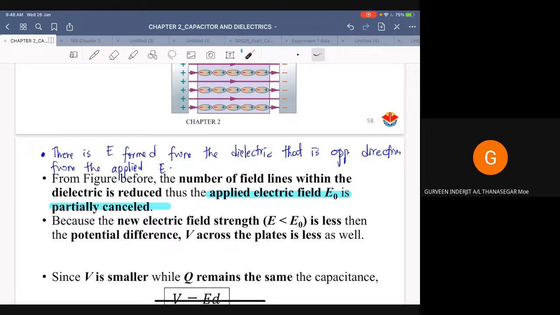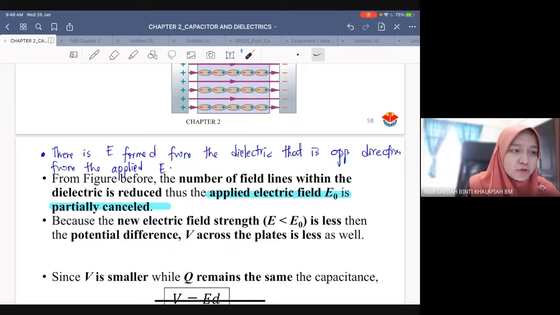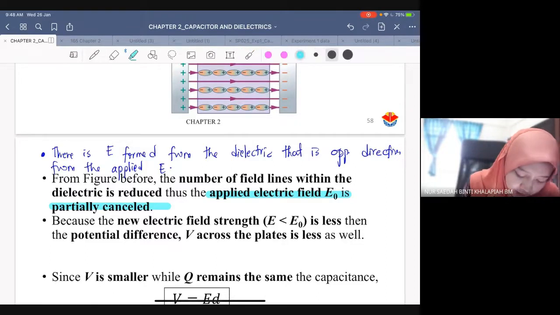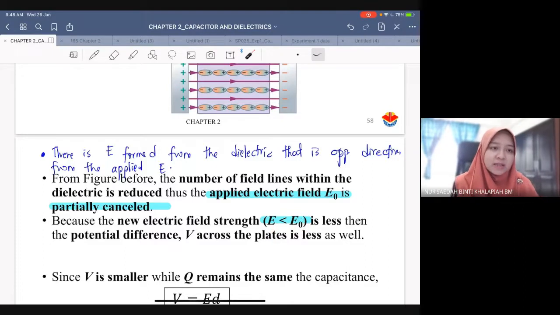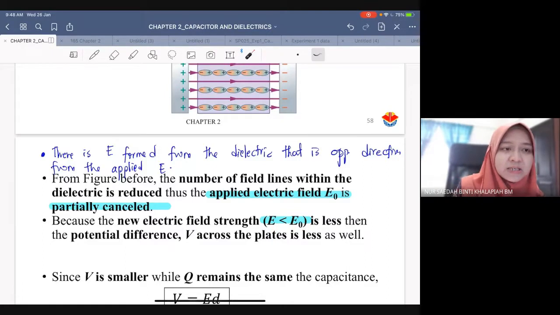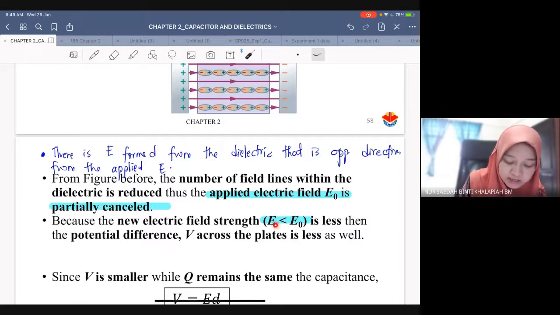Boleh, madam. Okay. So the new electric field, tadi kita dah cakap kurang bila letak dielectric. Korang kena tengok yang ni yang dah letak dielectric. Dia tak ada subscript. Yang E not ni madam kata adalah electric field kapasitor yang kosong. Kalau tak ada subscript, dia adalah electric field yang kita dah fill up dengan dielectric.